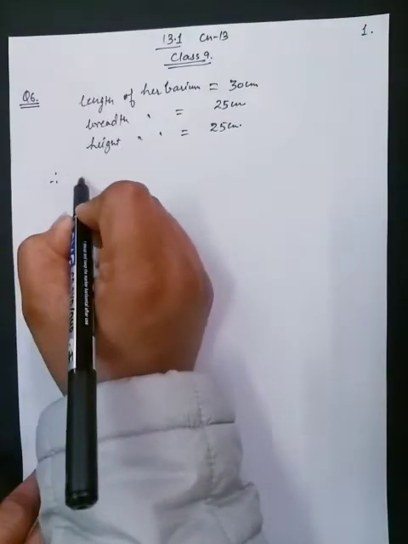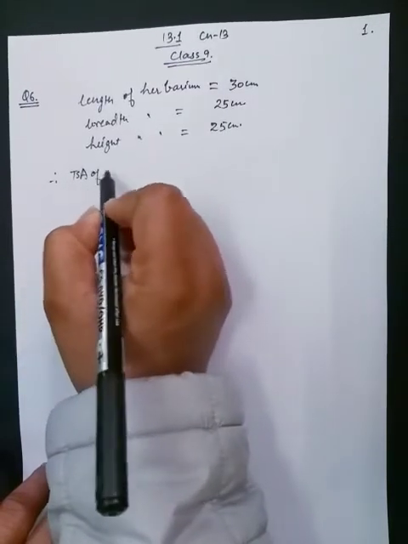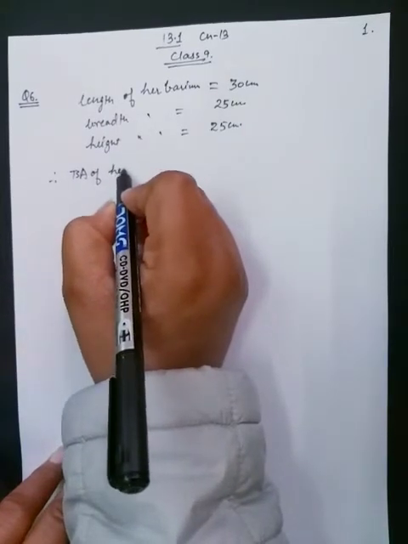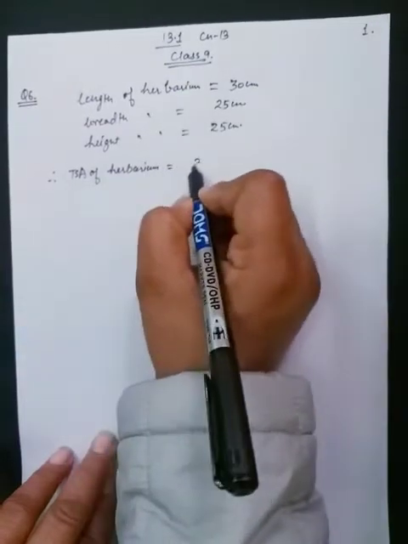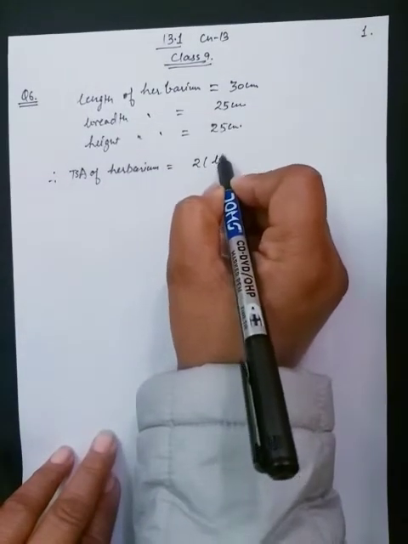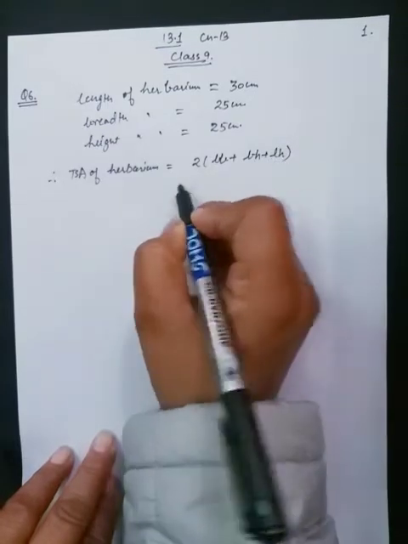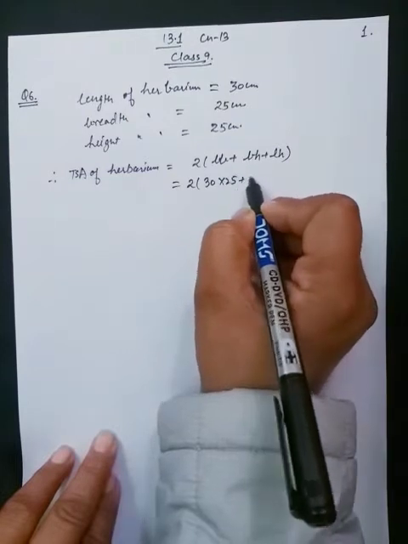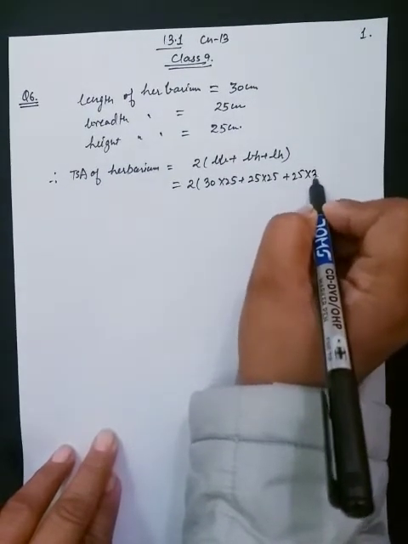So therefore TSA of herbarium is equal to 2 into LB plus BH plus LH. 2 into 30 into 25 plus 25 into 25 plus 25 into 30.